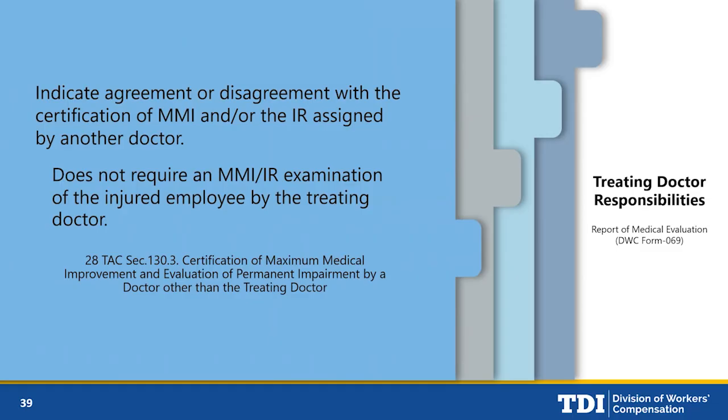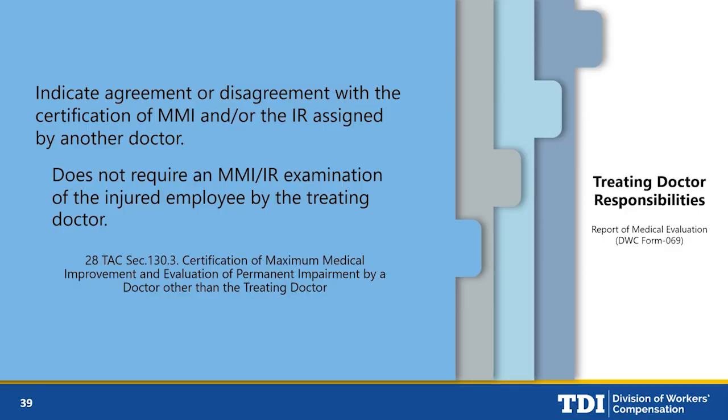So when another doctor assigns an impairment rating or certifies maximum medical improvement, they are required to send that 69 form and any related reports to the treating doctor for review. Again, hopefully the treating doctor has already done this, but if someone does not agree, they would go to that next person.